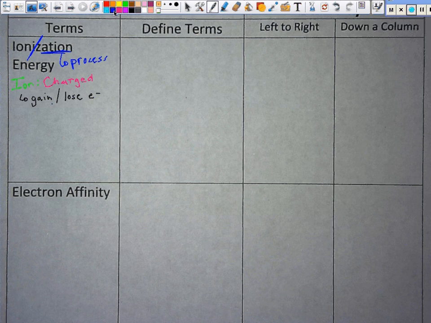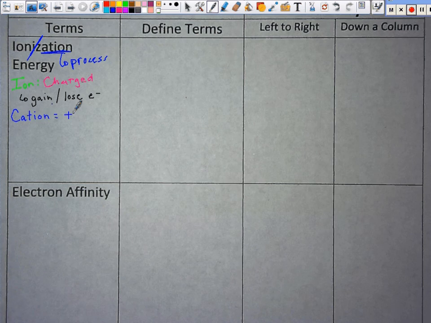We have a cation and an anion. Now, what is the charge of a cation? Positive, very good. And what does it do with electrons? It loses them. What about the other one, the anion, and what's its sign? Everybody cool with this?